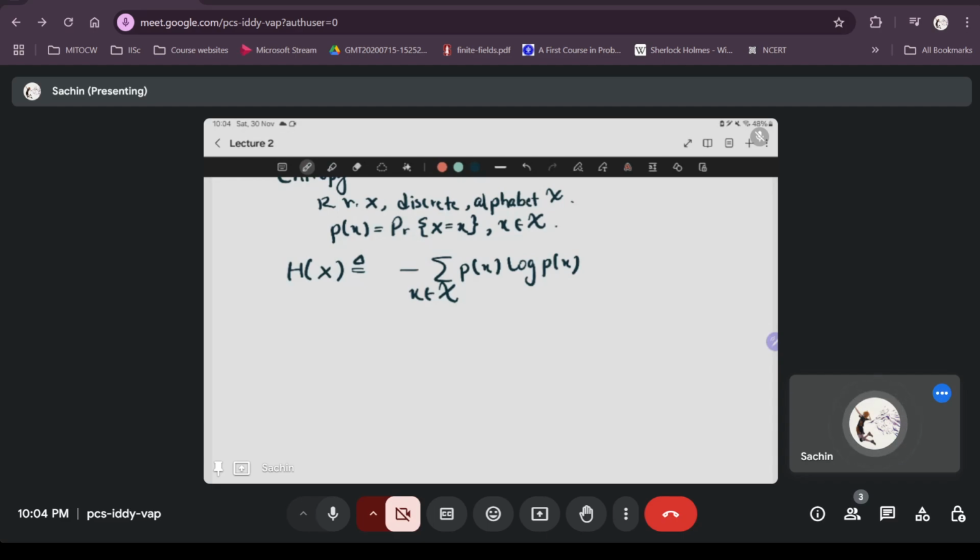For a few minutes, I'll give you a little bit of motivation for defining the entropy in the way we do. Today we'll start with motivation for the entropy formula.